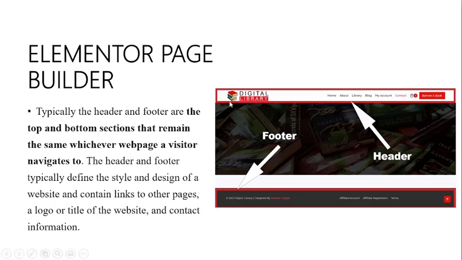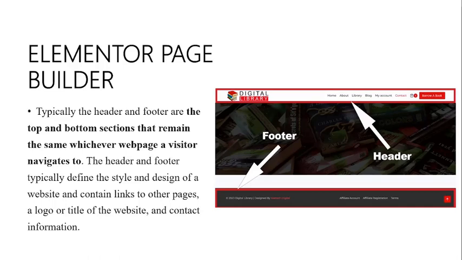As you can see over here, this is the header, and this one is the footer. This section of the website remains the same. It doesn't change. Wherever you go, it is still the same. Okay, and that is why we call one the header and one the footer.